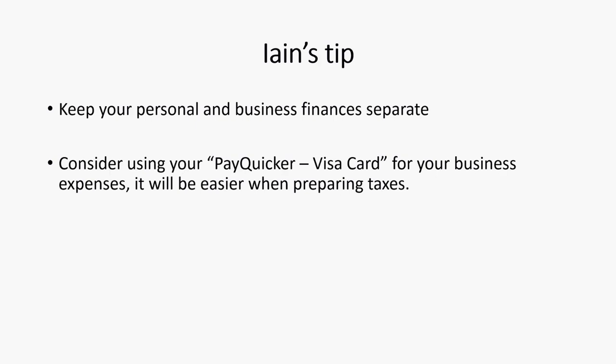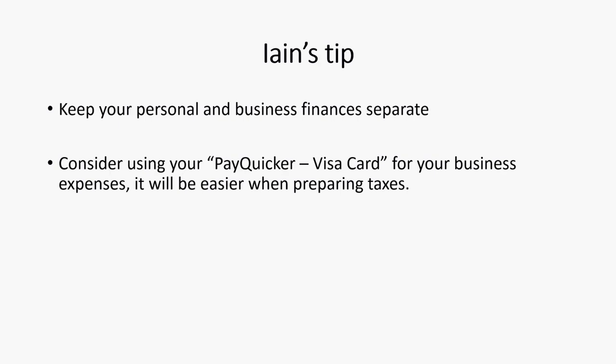I'd like to give you a tip just as we complete this presentation. And my tip to you would be to keep your personal and business finances separate. When it comes to tax time, it is a lot easier if we have the two types of expenses separated. In particular, if you're going to be claiming business deductions, which you should be claiming.